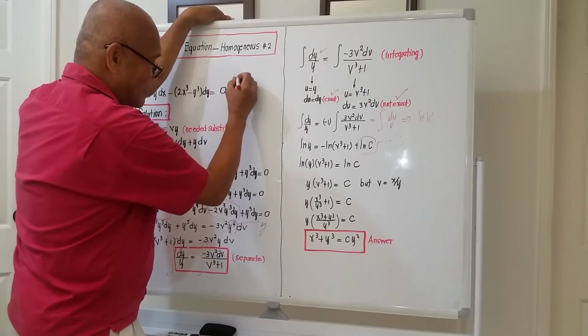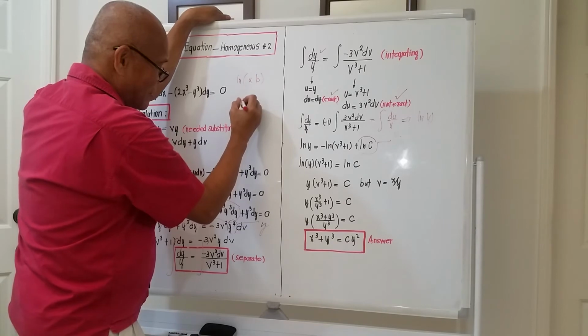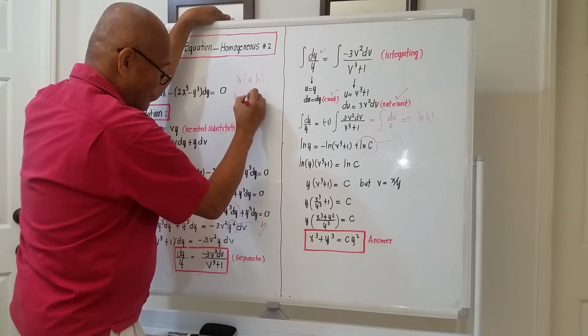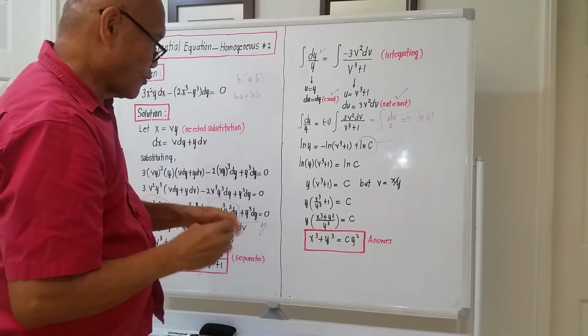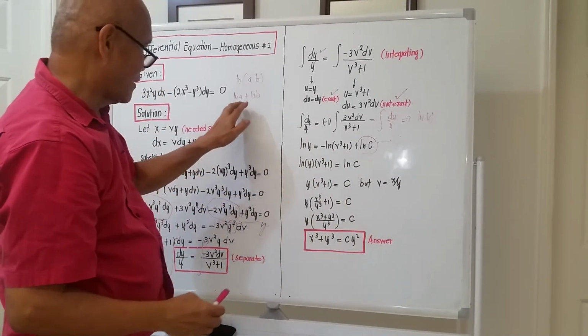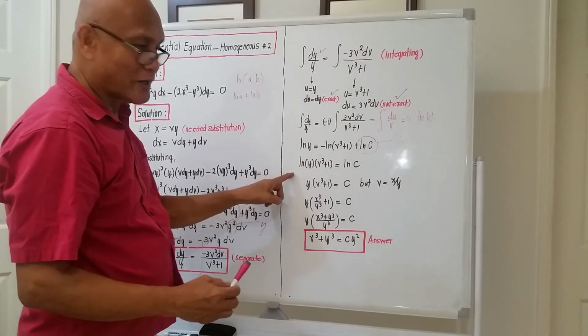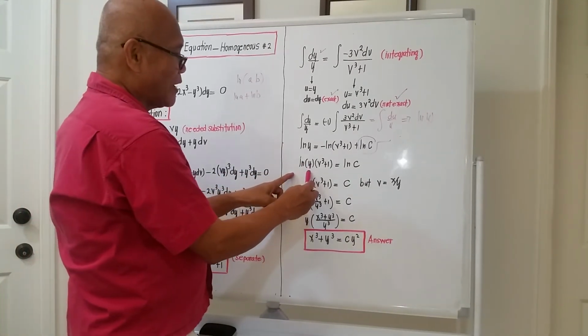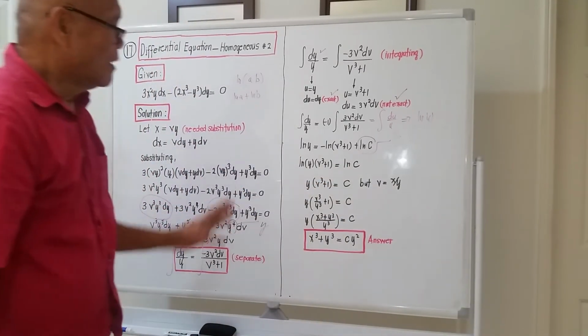Then we apply the laws of logarithm. The natural logarithm of ab is the natural logarithm of a plus the natural logarithm of b. Because if we try to transpose this one on the right, it will be something like this. But we could compress it as simply the natural logarithm of the product of y times b cubed plus 1 equals the natural logarithm of c.